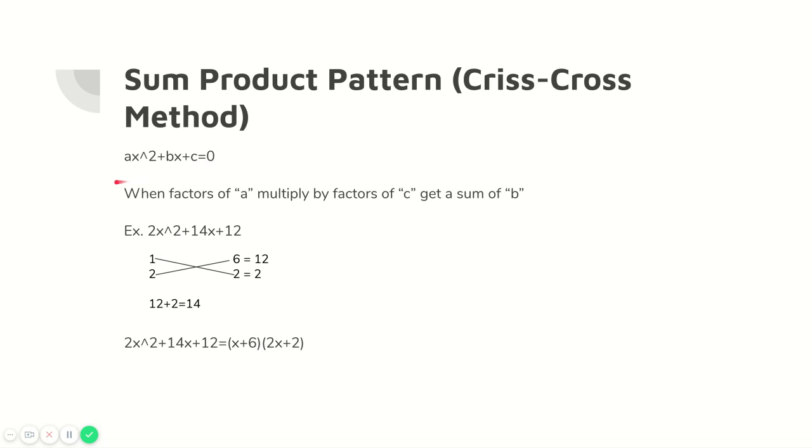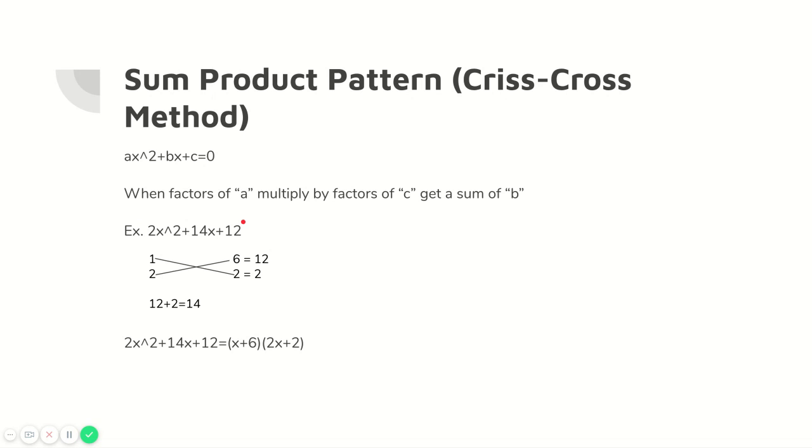And essentially, when factors of a multiply by factors of c get a sum of b, then this method will work. I know this sounds pretty intense and difficult, but with an example, this will make a lot more sense.